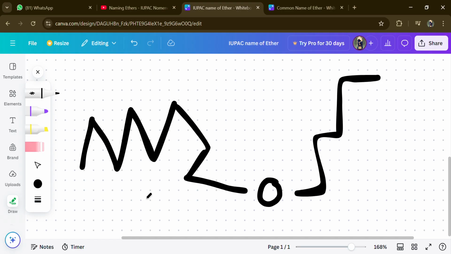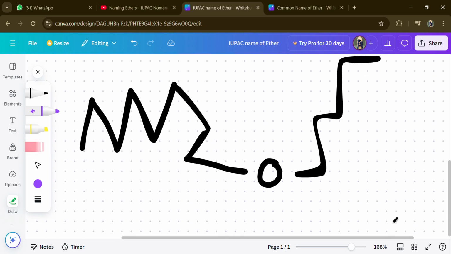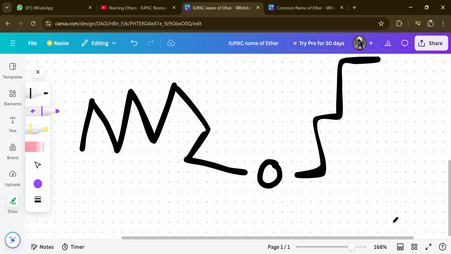Okay, how cool the figure is. Now name me the nomenclature of this compound. Now it looks funny, but it is actually a compound. So pause the video, give it a try.